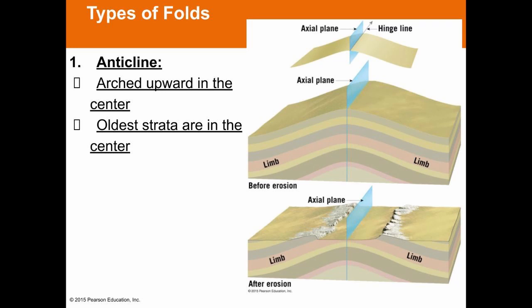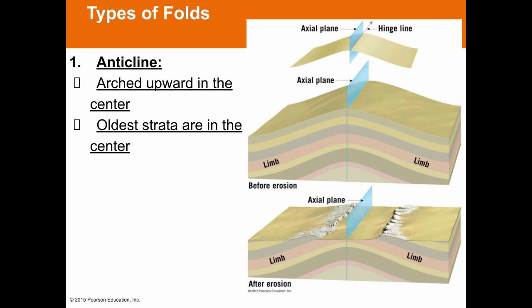That is appearing at the axial plane, and then the younger rock, the grays and this upper layer of yellow, don't actually show up in the center of this anticline because they've been eroded away. They show up on the periphery and the outside of the anticline, but not the actual axial plane or the, well, hinge line, as shown here.